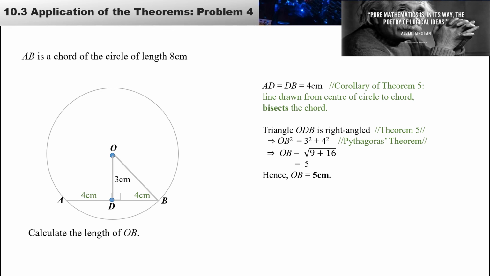CXC questions like to combine several ideas into one diagram. So in one diagram you might see theorem 4, theorem 3, you might see a tangent. They like to superimpose so many ideas onto one circle, and you have to be able to recognize the different theorems that would be able to deduce the size of certain angles.